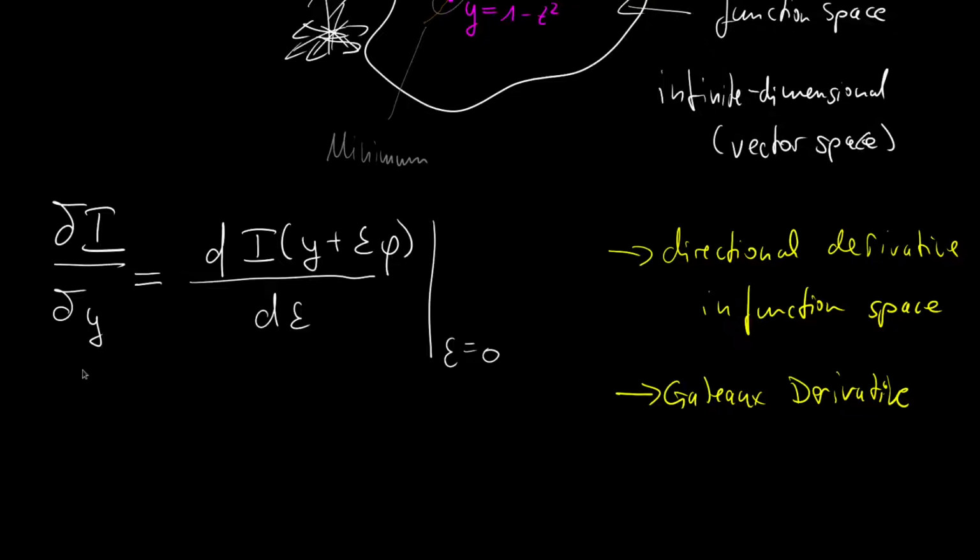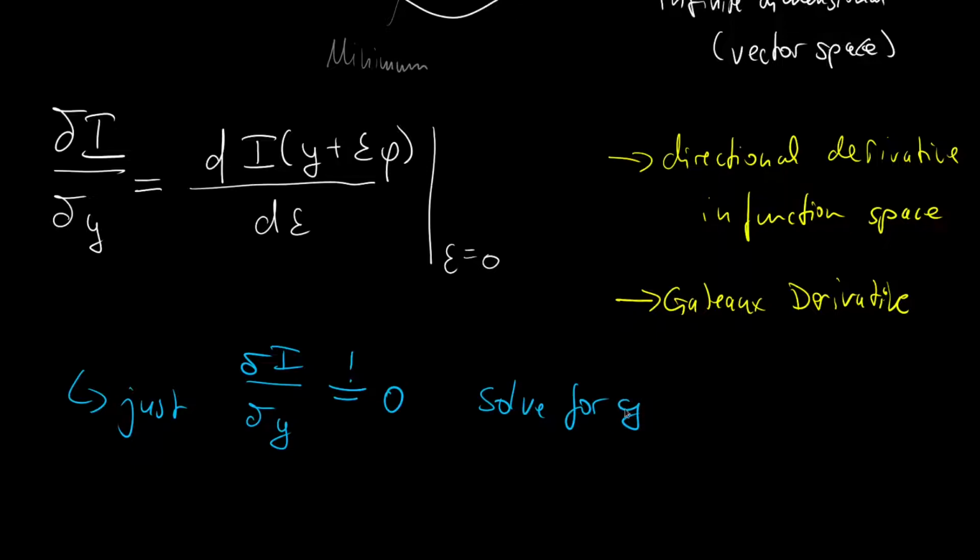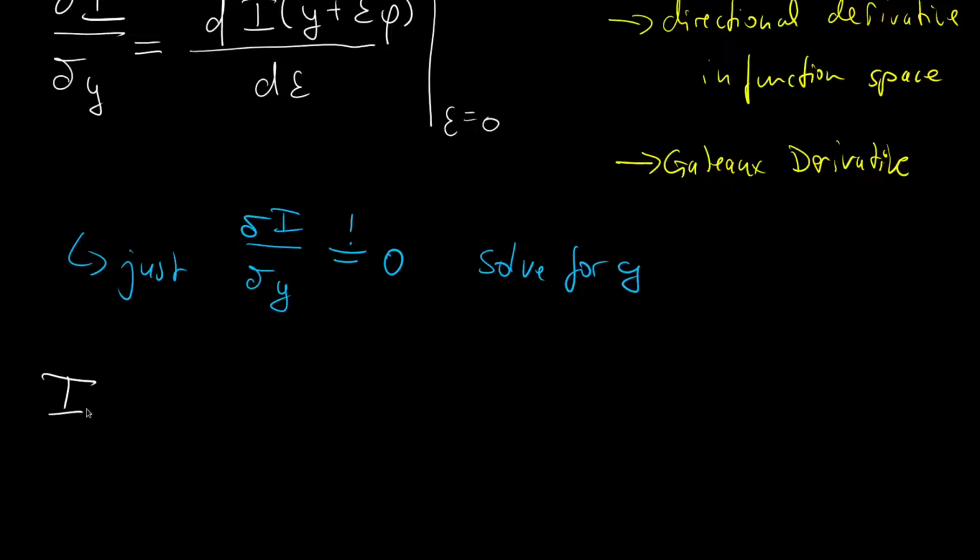But well then, now we know how to take the derivative: just take the derivative of the functional with respect to y, set it equal to 0, and solve for y. Then we get our optimal or minimal solution. Then let's do this step by step. We start again with our original functional, which was I of y, given as the integral from 0 to 1 of y prime squared minus 4 times y dt.